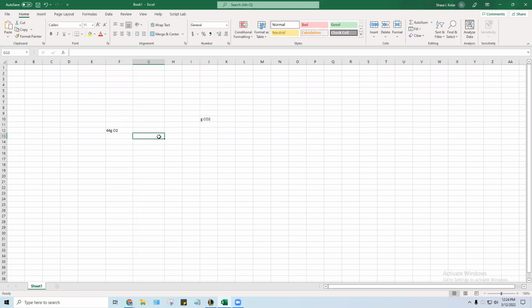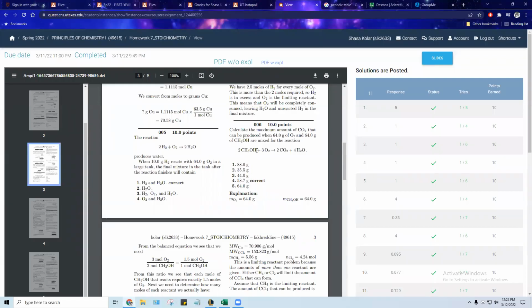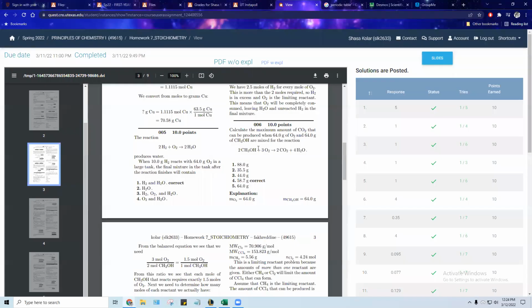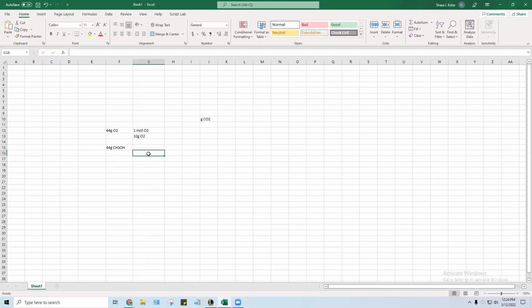And we can go ahead and find its moles. So 32 grams of O2 is a mole of O2. 1 mole O2. And we can do the same for CH3OH. So we get 64 grams of it as well. And we can go ahead and find out how much that is.